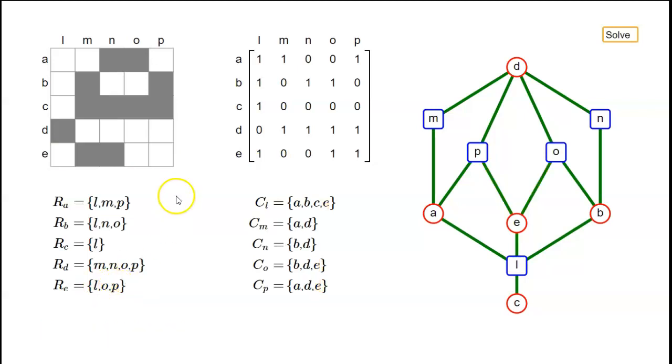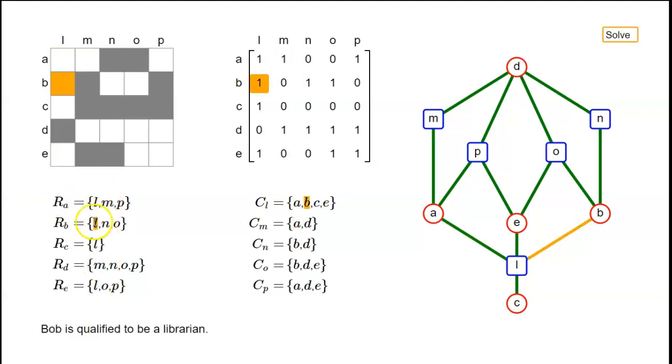And notice, given any one of these 4 things, you can read off the other ones. If we know the row sets, then we know what jobs Anne's qualified to do and what jobs Bob's qualified to do, and so on. From that, we can work out what the candidate sets are. If we want to find out the candidates for a librarian, we just have to look at which people have an L in their role set.